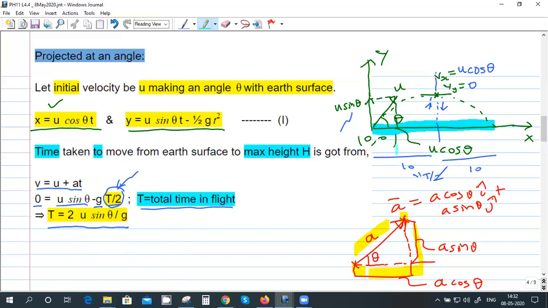And the time taken to go from the origin to the maximum height point is half of that. Here u is the initial velocity, theta is the initial inclination, and g is constant, all known. So the total time of flight can be found given the initial velocity and direction. That makes sense, right?